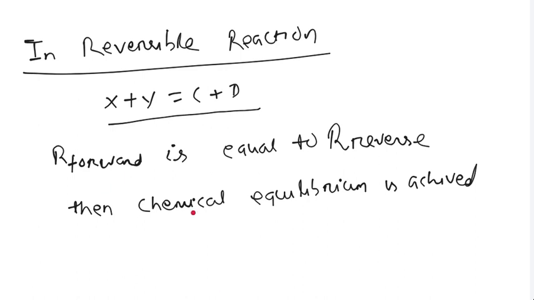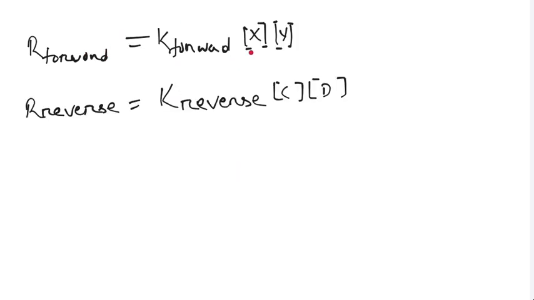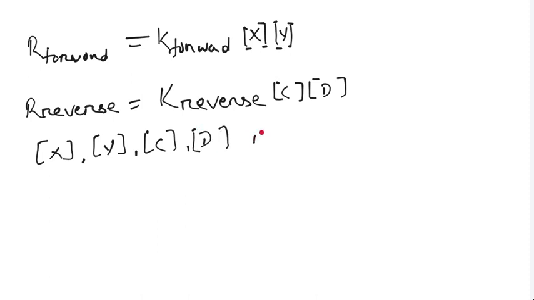We can calculate the rate of forward reaction like this. R forward is equal to K forward into the concentration of X into Y, and R reverse is equal to K reverse into the concentration of C into D, where X, Y, C and D represent concentrations.